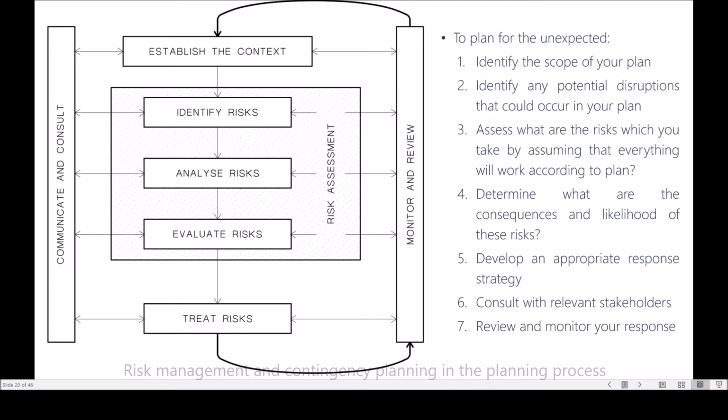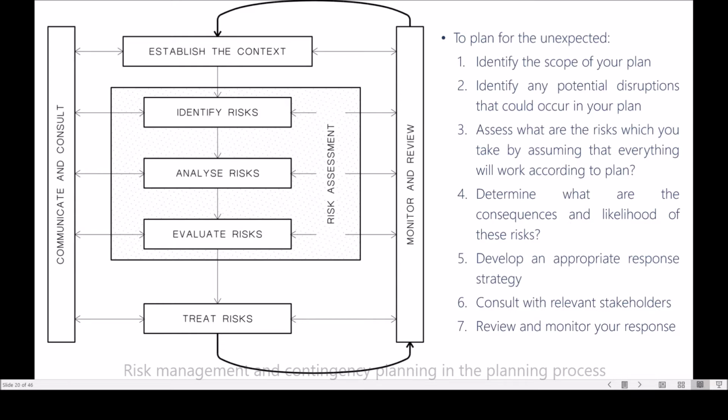Then we analyze those risks. How seriously do we think that these risks can occur, and what are the consequences if they occur? What are the impacts if they do occur? What's going to be the consequences if we allow it to go, and so forth.